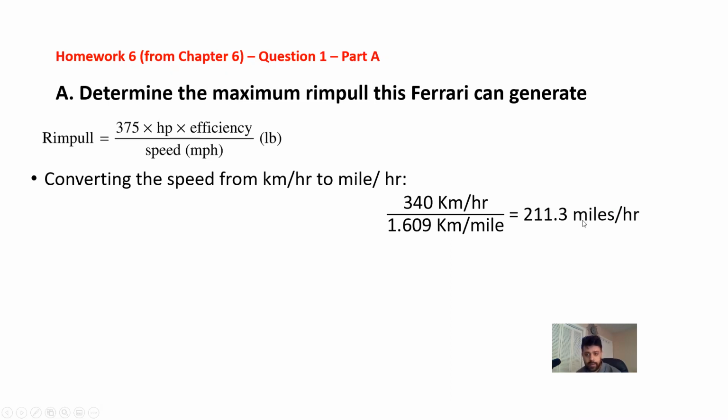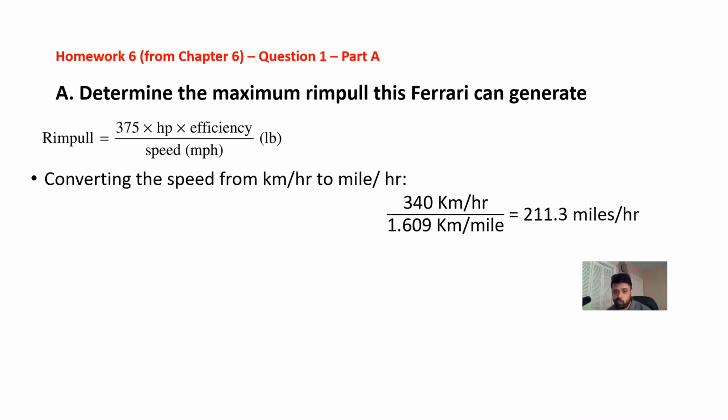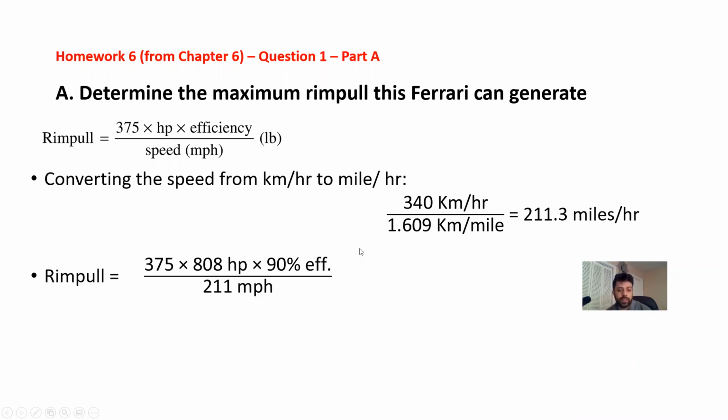This is really high. So the rim pull now could be easily found because we have the speed in miles per hour. All we need to do is insert the numbers we have into the equation. 375 was the constant, the horsepower was given as 808, the engine efficiency at maximum speed was given as 90%, so not the entire capacity is used, but 90% of it.